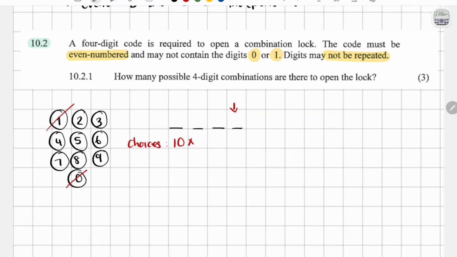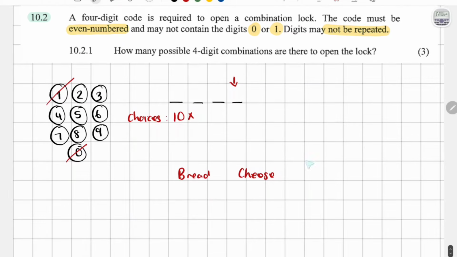A simple explanation for why we multiply the choices is a scenario where, let's say you have bread and then you have two things to put on the bread. You can either put cheese or you can put eggs. So in this case, you have bread and you have two things to put on the bread, cheese or eggs.